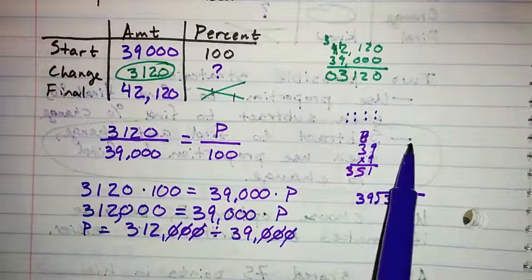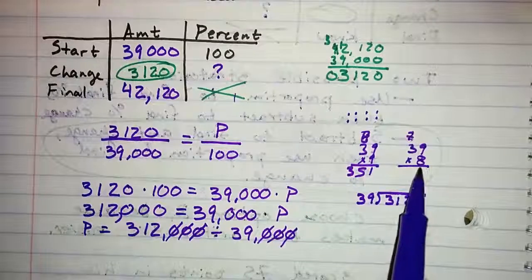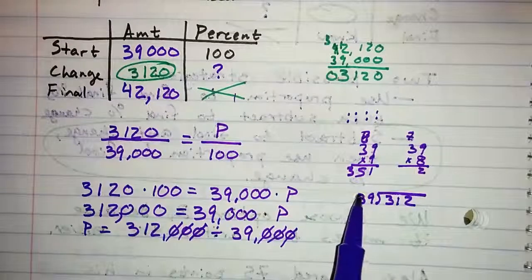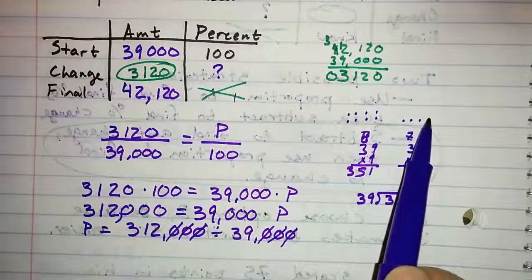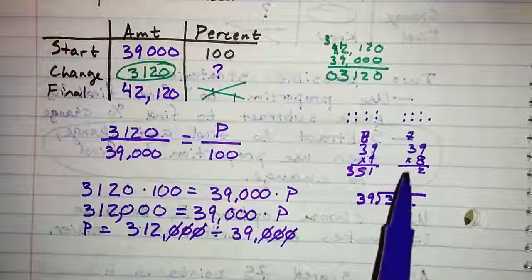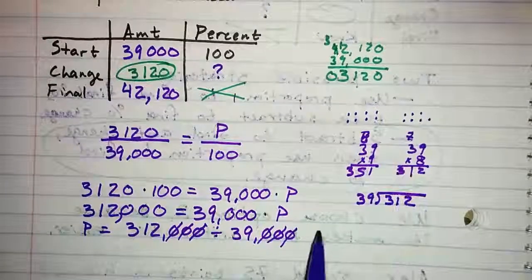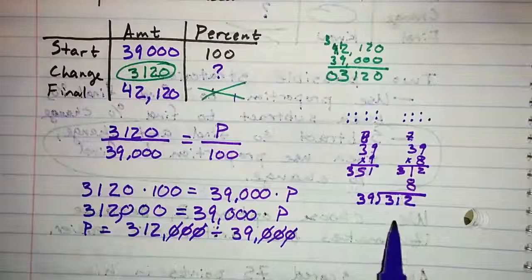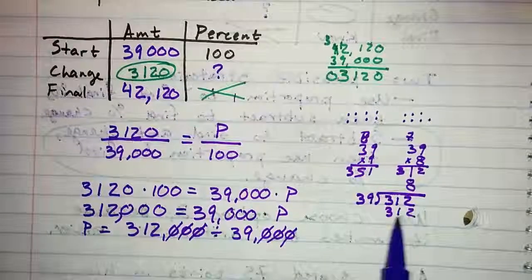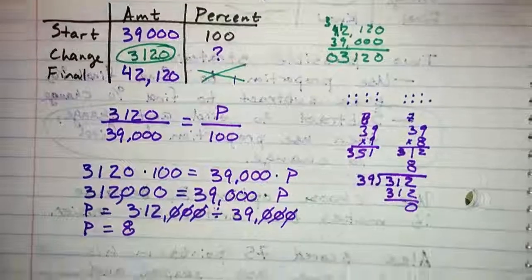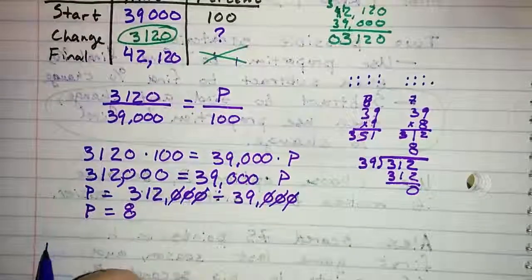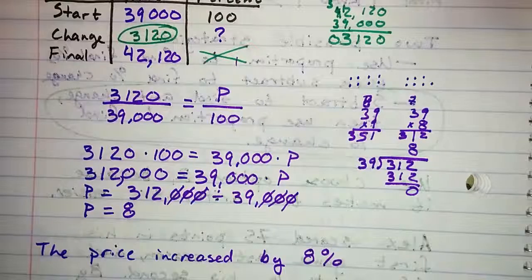Let's try 8. 8 times 9 is 72. 8 times 3 is 24, 25, 26, 27, 28, 29, 30, 31. Oh, exactly 8 times. So P is 8. How much did the price increase? The price increased by 8%.